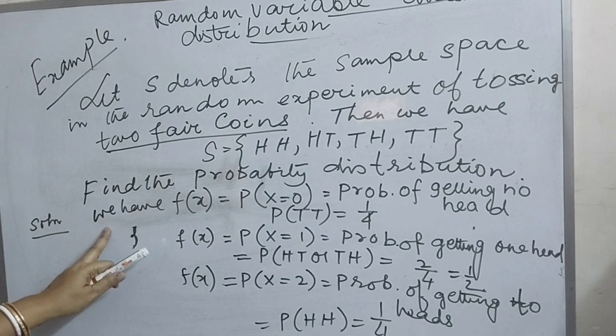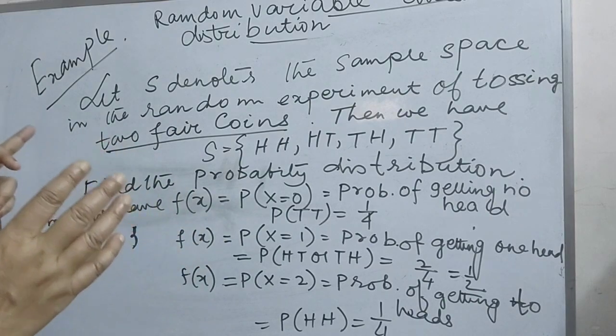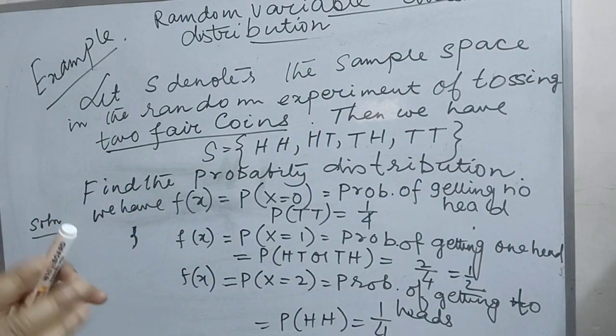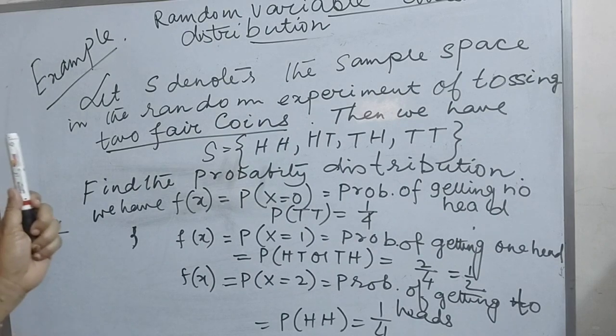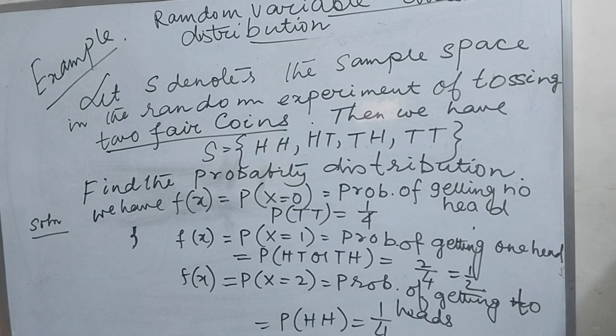Solution. For the probability distribution, we have two conditions: f(x) greater than or equal to 0, and summation of f(x) equal to 1.